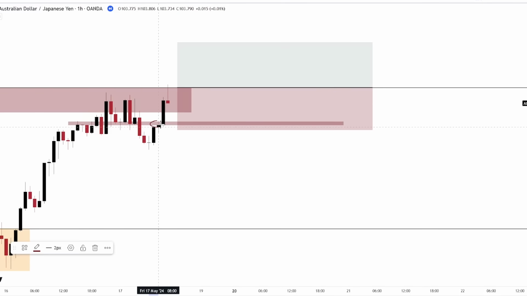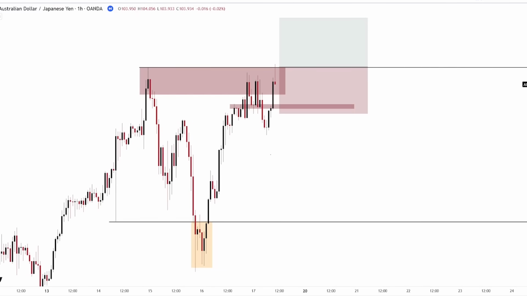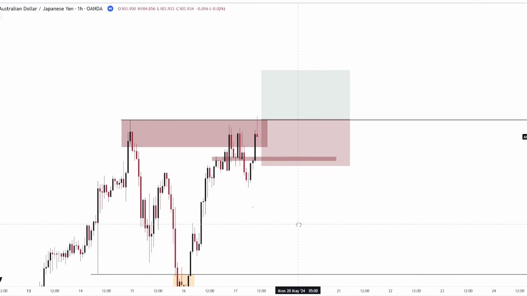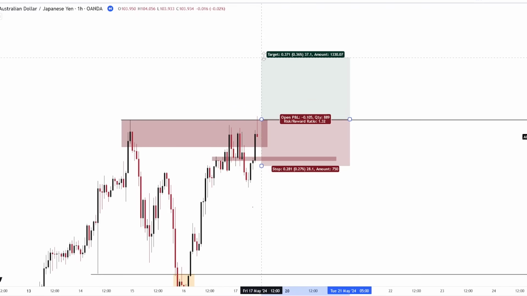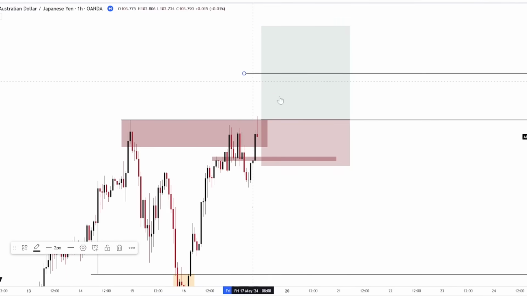Price had turbulence right here, and before that, price had turbulence here and here. So this would be our stop loss. And let's aim for a 2-to-1. Obviously, after our 1-to-1, we're going to break even.